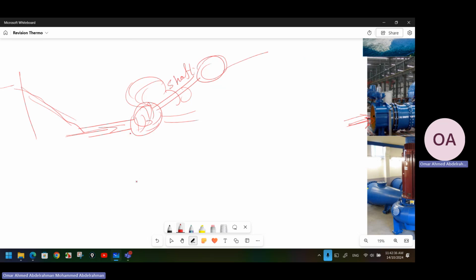So the purpose of having a turbine is that when the water strikes the blades, it converts its mechanical energy to the blades, and then its mechanical energy will reduce. At the beginning it has only the potential energy, gz. We say the kinetic energy is 0, and the flow work is 0.